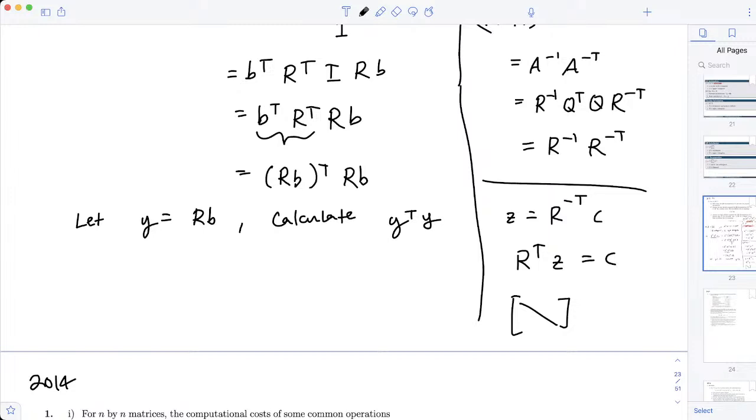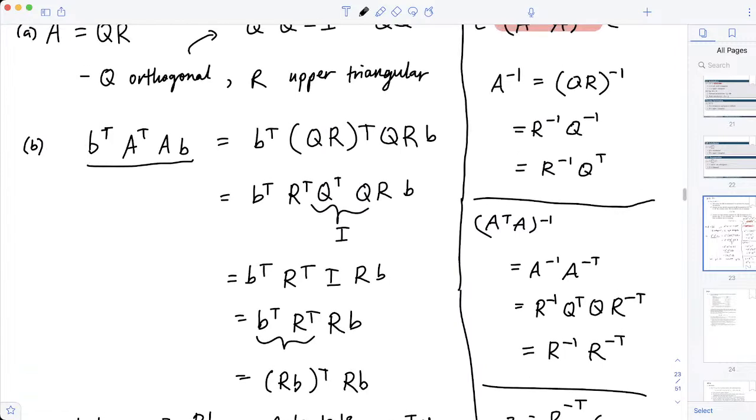And then what we would have to do is use forward substitution to solve for z.